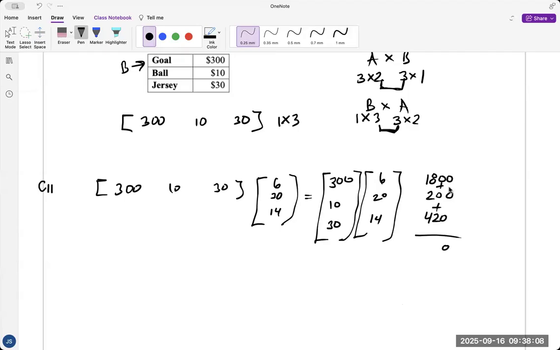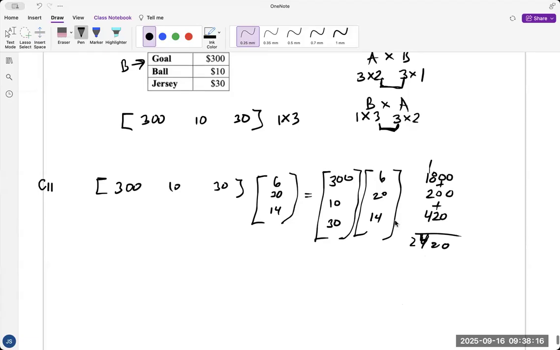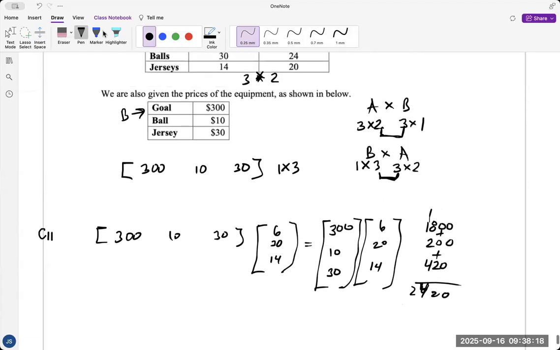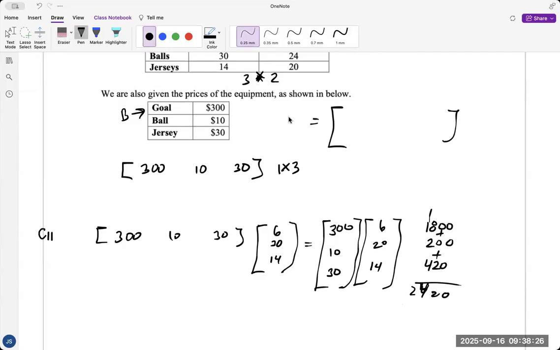So it'd be 0, 2, 6 plus 8, 14, and 2,420. So that's going to be our first row and first column in the answer. This is our answer, C. So it's 2,420.